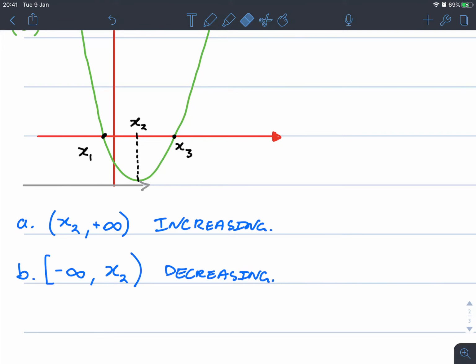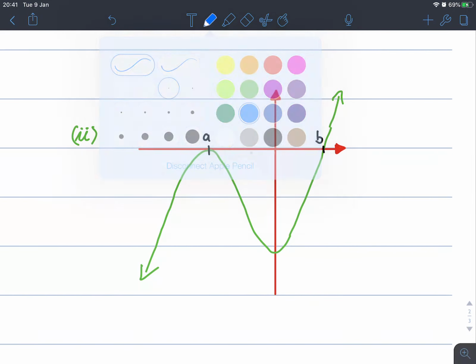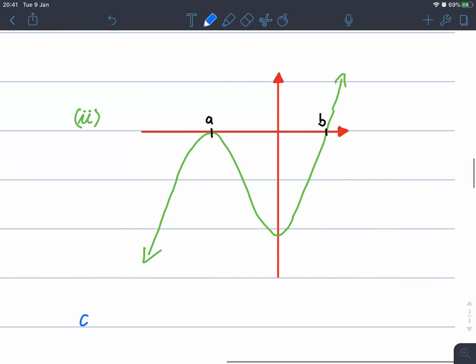Alright, let's take a look at more examples. I want you to give this a go. At which points is this graph increasing? That's I for increase. Well, let's start here at this endpoint. As x increases, y is also increasing.